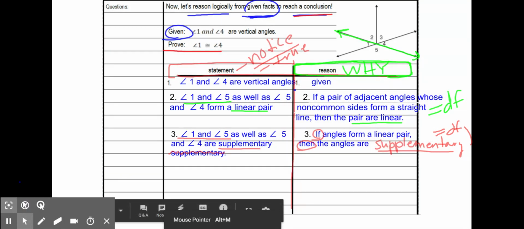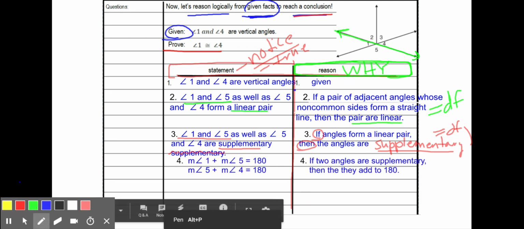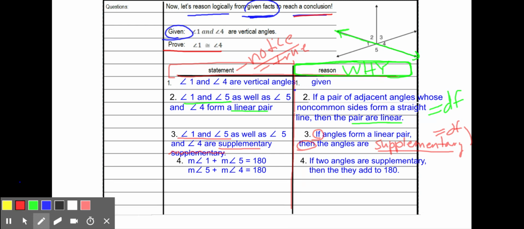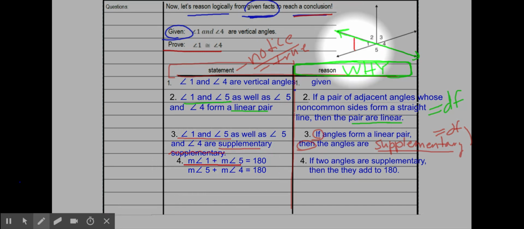You might see another pattern, but I'll talk about it in just a second. When I know that I've got supplementary angles, then I know they add to 180 degrees. The measure of angle 1 plus the measure of angle 5 make a half of a circle. If a full circle is 360 degrees, half of that is 180.